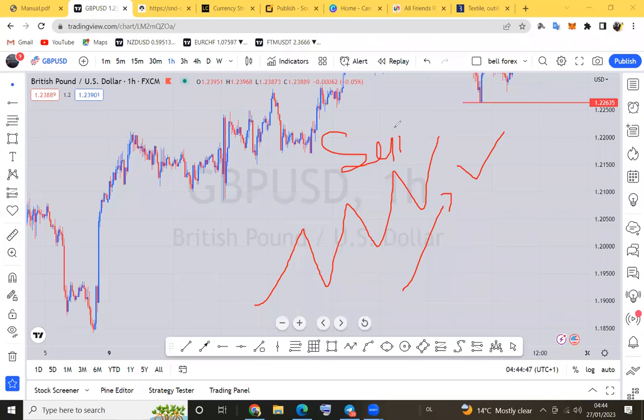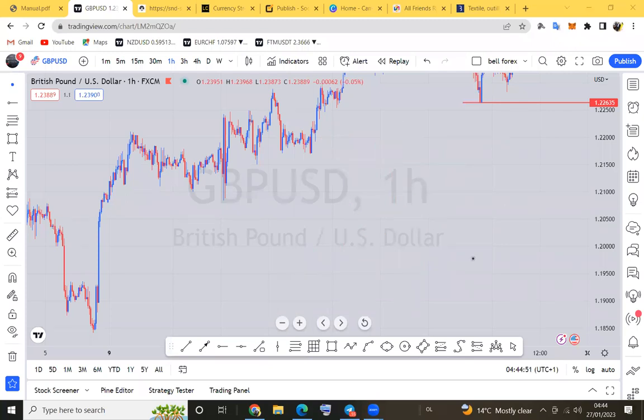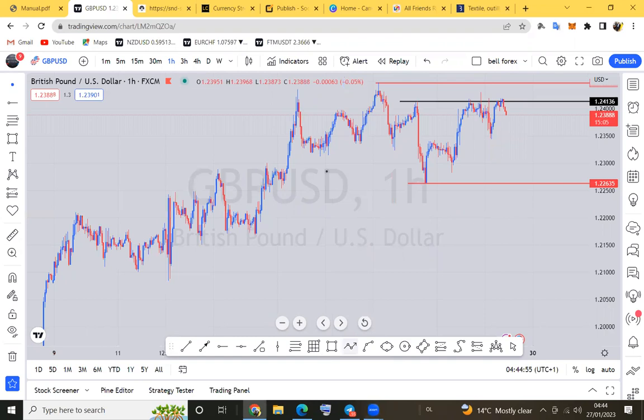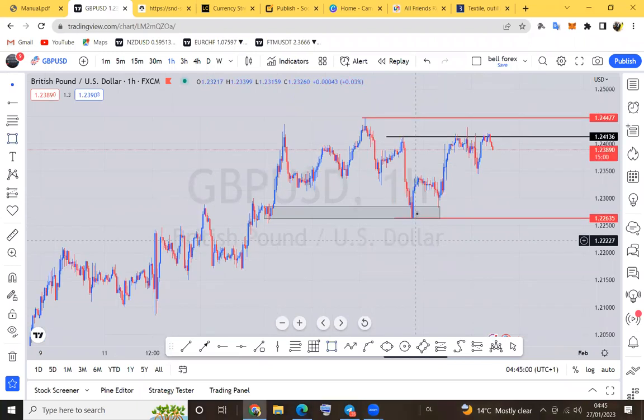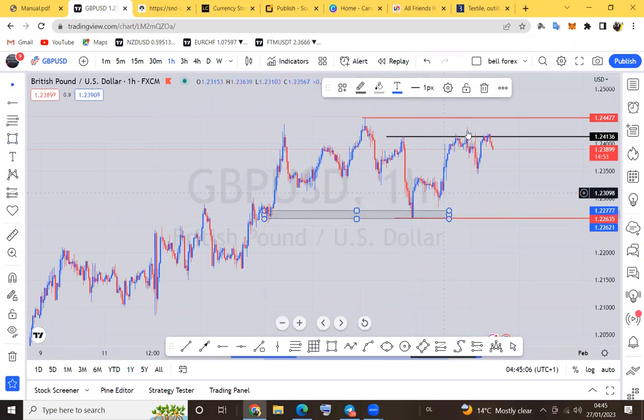For example, my friends, if I know very well from my trade setup that this was a point of interest and that this market was to come and bounce here and buy for a long term, let's say the market is going to bounce here and buy up to this level, then why would I use Fibonacci to calculate retracement from this A to this B, whereas I know quite well that the market will rather be moving from this B back to A. So using Fibonacci, you need to correspond with the sense of your trade.